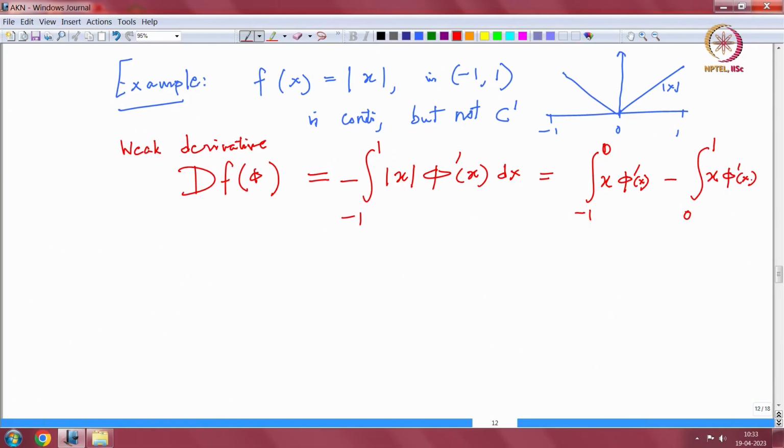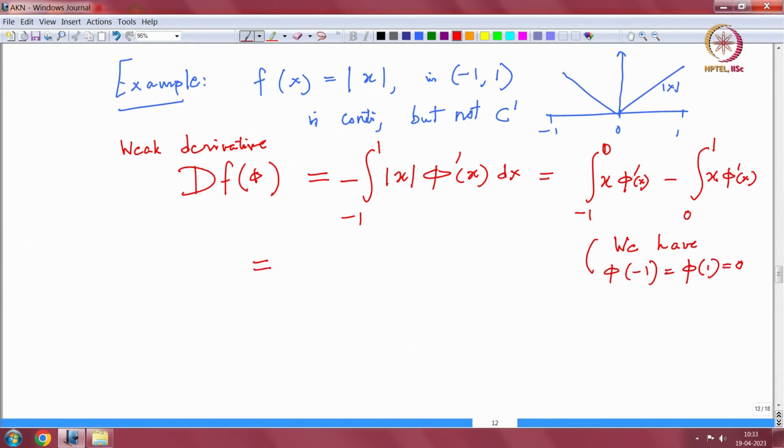In minus 1 to 0 and 0 to 1, x is differentiable. So, you can integrate by parts, but keep it in mind phi has compact support in minus 1 to 1. So, we have phi at minus 1 equal to phi at 1 is equal to 0, but phi at 0 need not be 0. So, you can do an integration by parts.